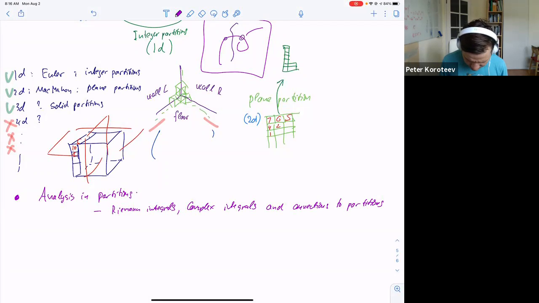And then also applications of analysis in proofs, right? So using analysis in proofs of combinatorial theorems.